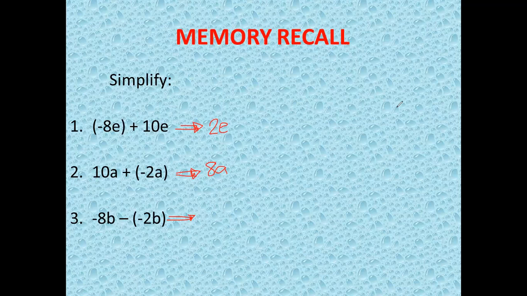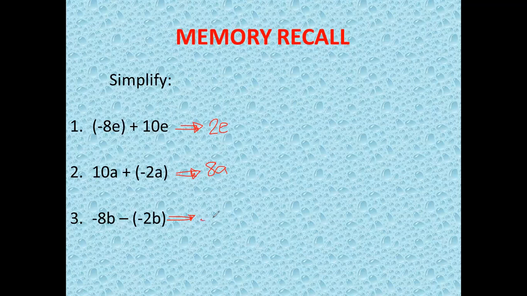All right, what about JJ? JJ, what is the answer? Negative 8b minus negative 2b equals? 6. Come again. Negative or positive, JJ?